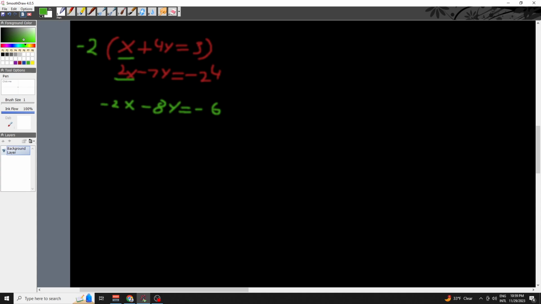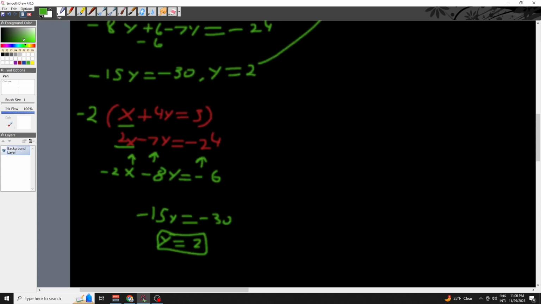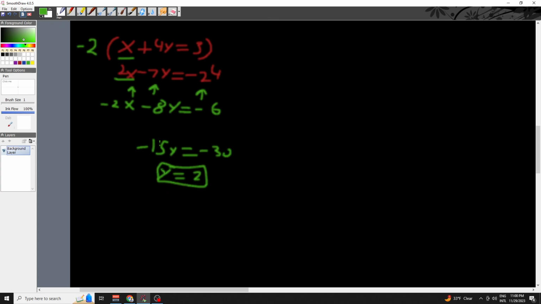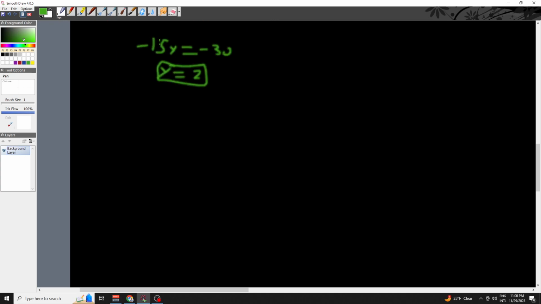You're basically just going to combine this equation with this one. Just combine all the results. And what that will get you is negative 15y is equal to negative 30. Holy cow, y is equal to 2. And then you can just go back and replug this into the original values, and that'll give you negative 5 as well.